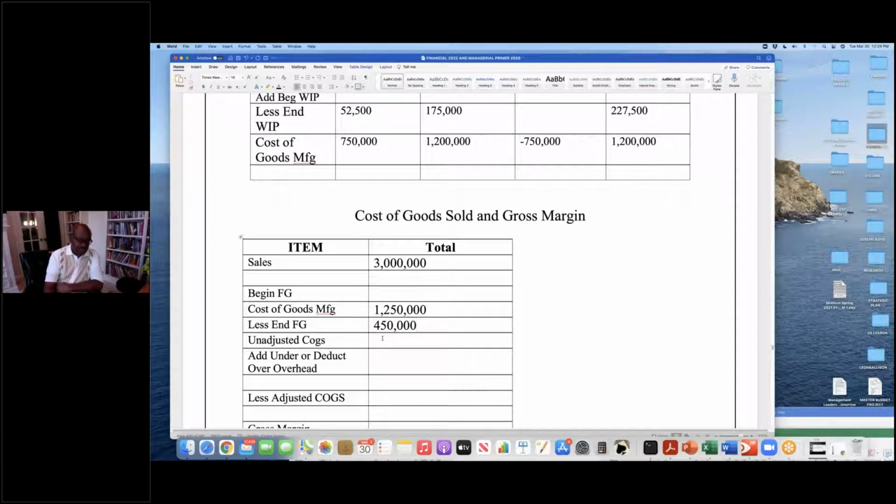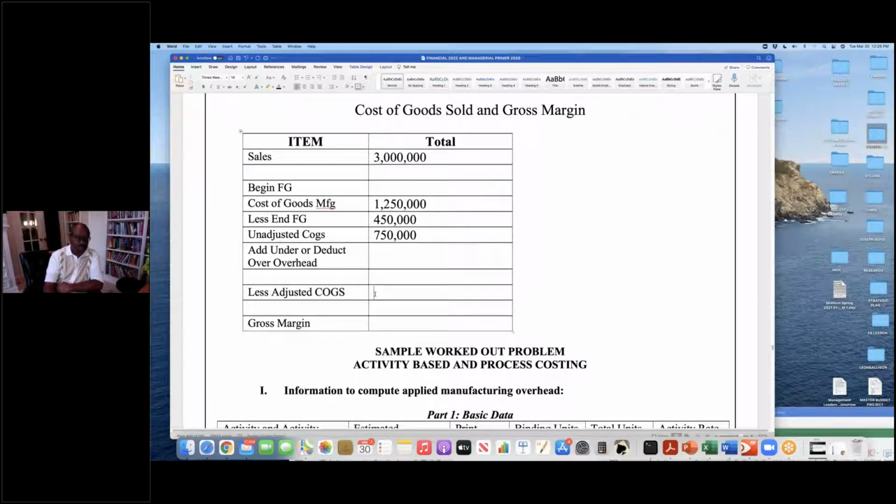So the unadjusted cost of goods sold was 750. We didn't have any adjustment information here. So the cost of goods sold was 750. And our gross profit becomes what? 2,250,000. So this part is fairly easy.